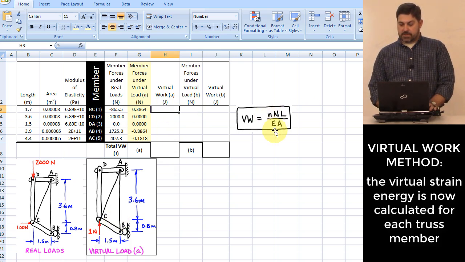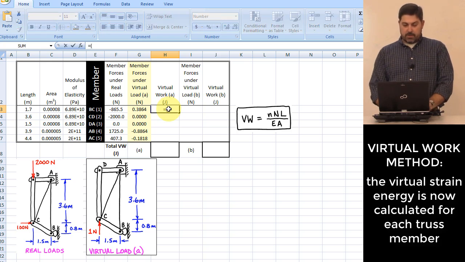Right? I use this equation over here. The virtual work done by this virtual load is going to be equal to the load carried in this member due to the virtual load, which is this number right here, times the actual load carried in that member due to the real loading scenario, times the length of that member, 1.7 meters, okay, divided by EA, right.